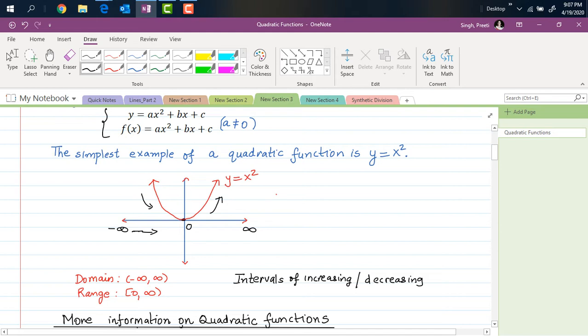So this function f is decreasing from negative infinity to 0, and increasing in the other interval, which is it's going up as you go from left to right. It's increasing on 0 to infinity.